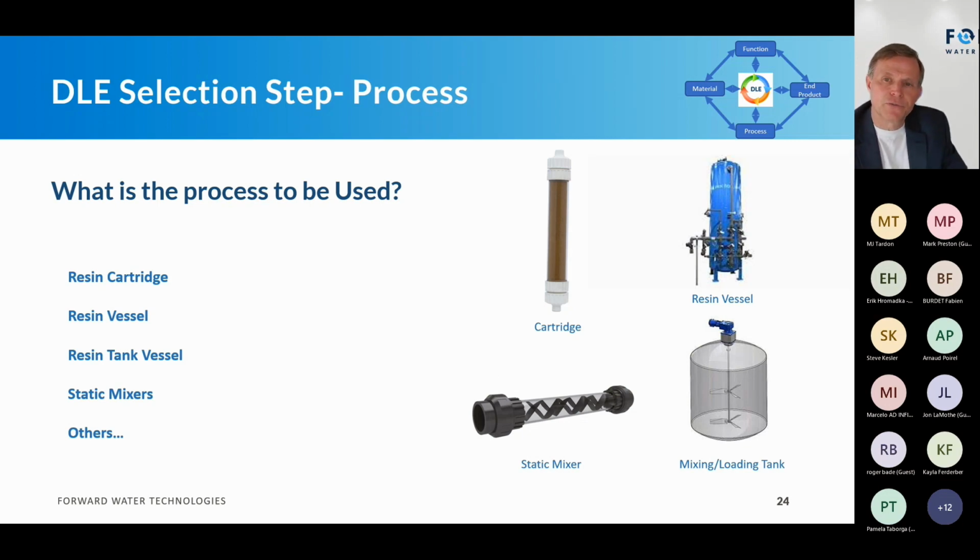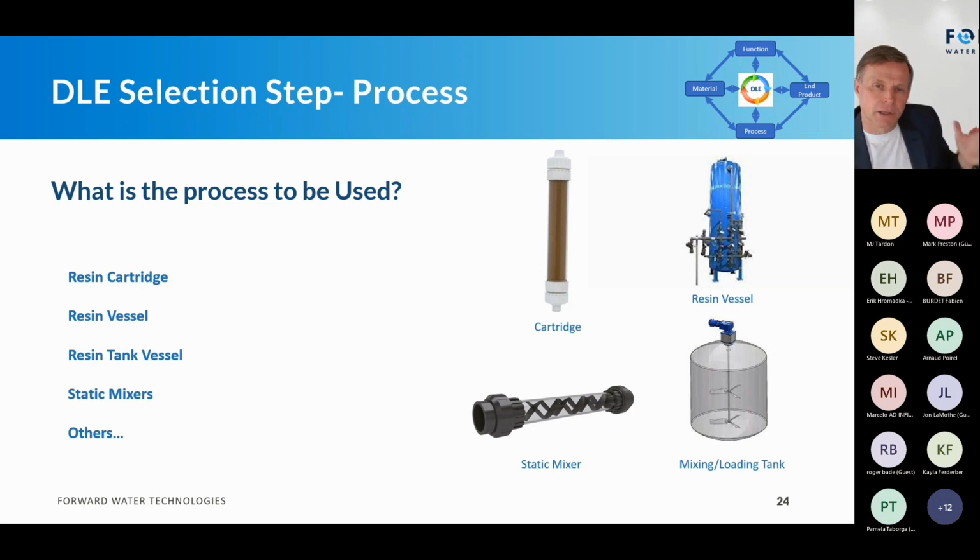Most often you'll find it's a resin vessel or maybe even a cartridge. But another thing to keep in mind that you can load up is a static mixer, where you're fluidizing the resin material and going through a static mixer where it intimately contacts the brine.